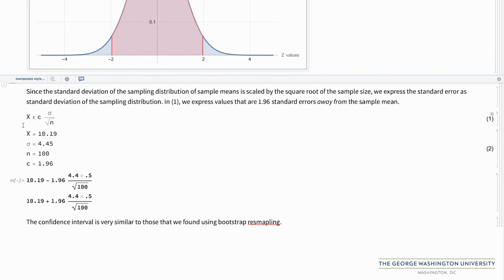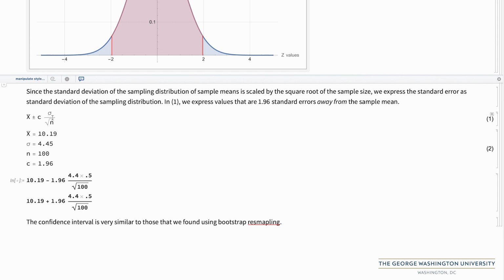And that's exactly what we see here in equation number 1. Look at this. It's x bar, the sample mean, plus or minus c. Now c is that confidence coefficient. In this instance, it will be 1.96 times the standard error. That is sigma divided by the square root of n.